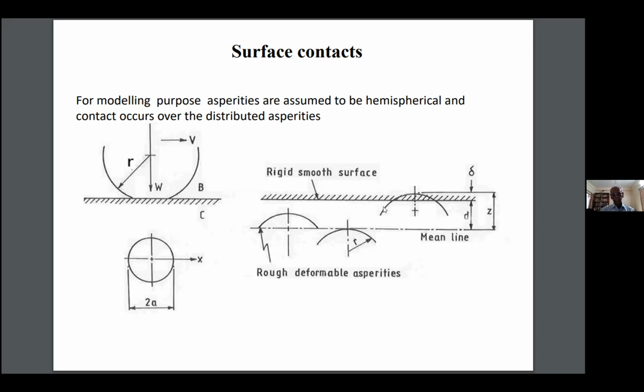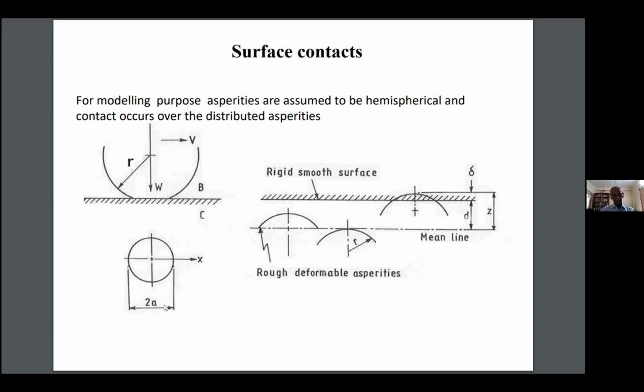Now, if we look at one of the peaks upside down like this, as I was saying in the last slide, the flat surface will have a point contact initially, and it will go on to have a larger contact, and the contact area will be a circle.